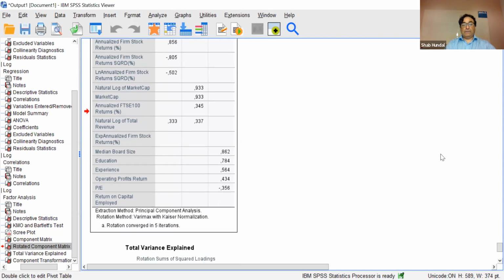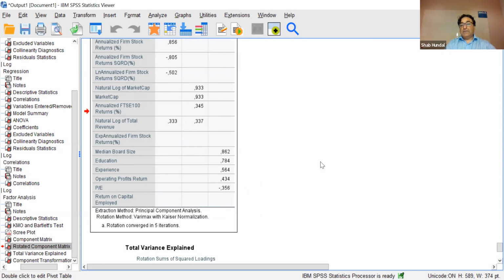And then we see the third factor, which is the median board size, education, experience, and in fact, some of the accounting measures are also mixing up in corporate governance, which is okay, no problem. So there are 5 variables which are combining into factor number 3. And as you can see here, the return on capital employed is all zeros. Guess why?